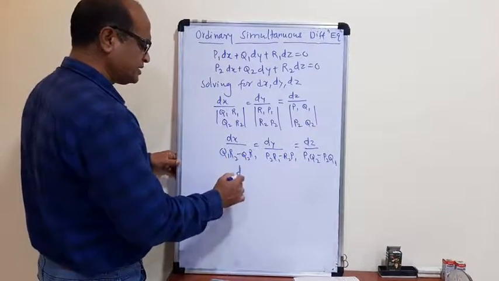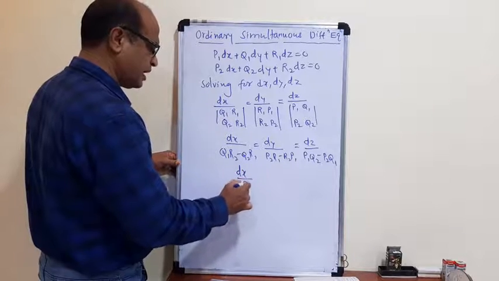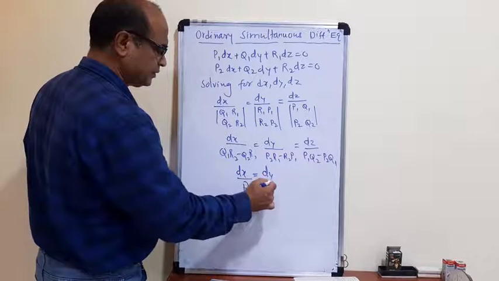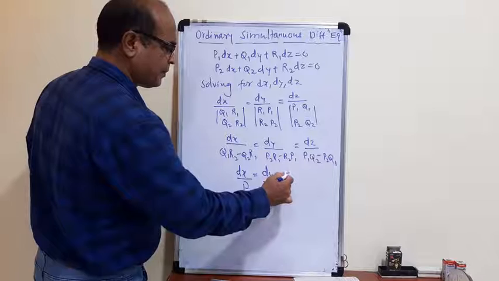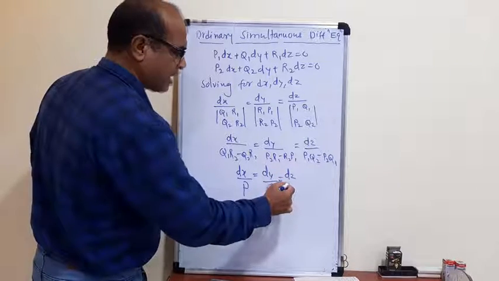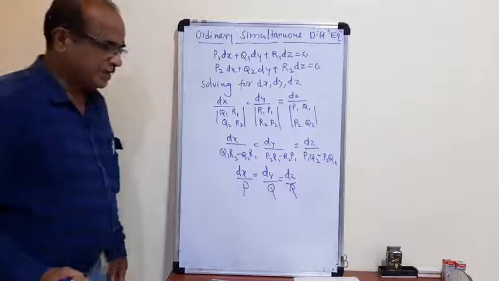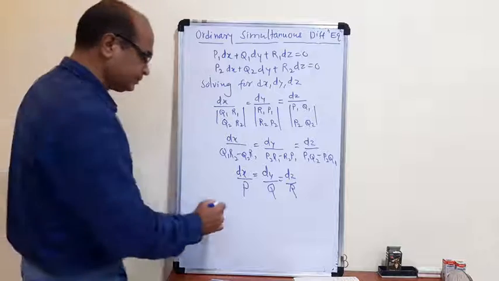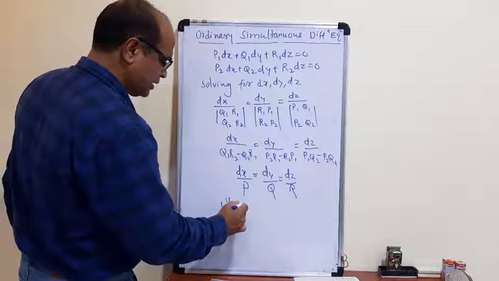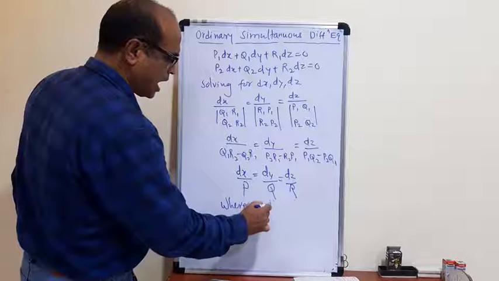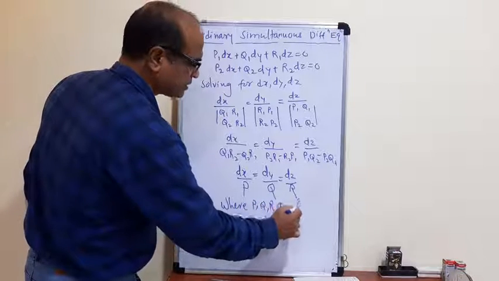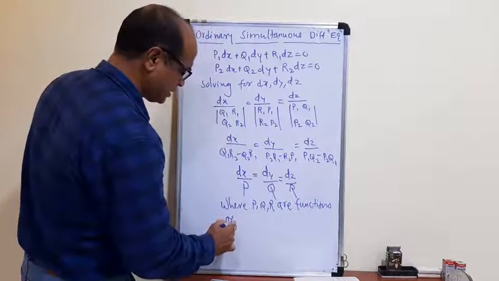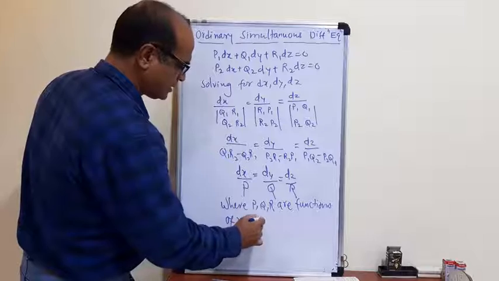So we write this as dx upon P, dy upon Q, dz upon R, where P, Q, R are functions of x, y and z.